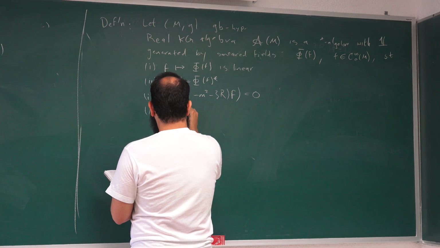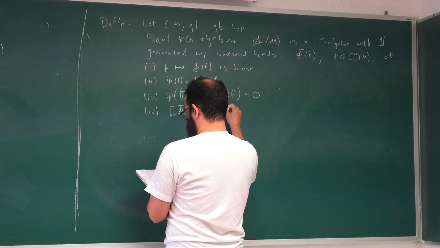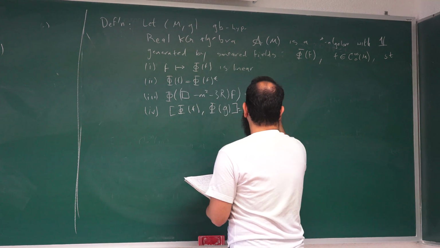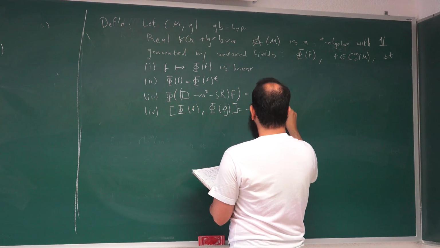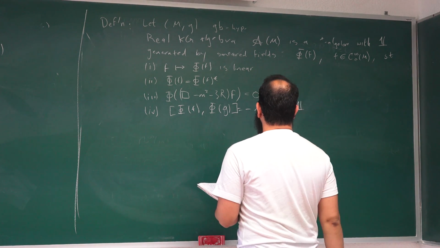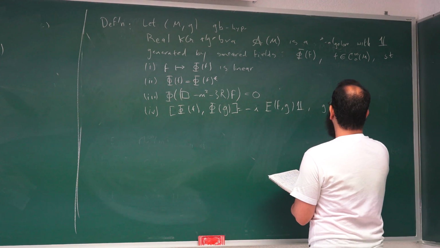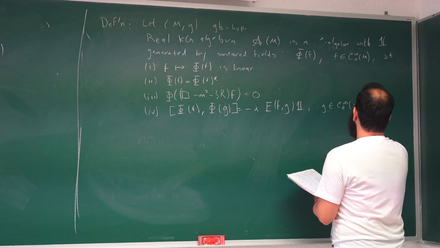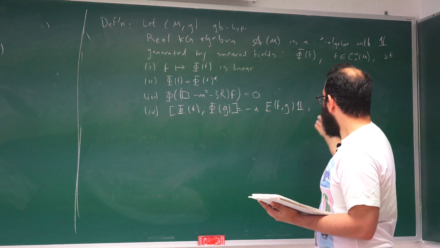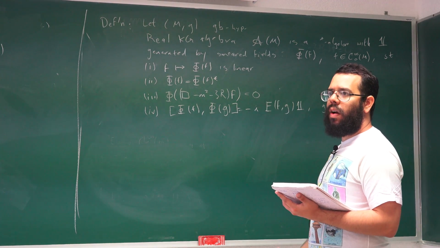And finally, the commutator, which on the right hand side uses the symplectic structure, like that. G here is also a smooth function. So this is what we have done before in the canonical setting. Now we're doing it covariantly.